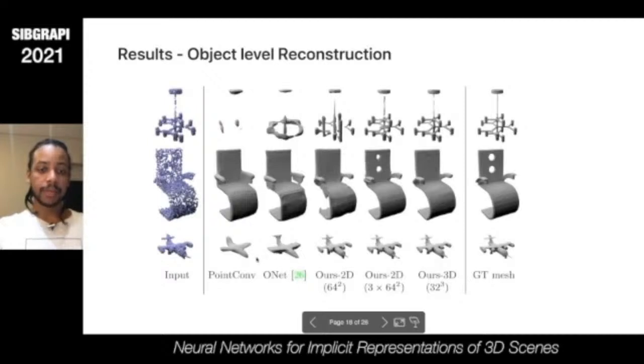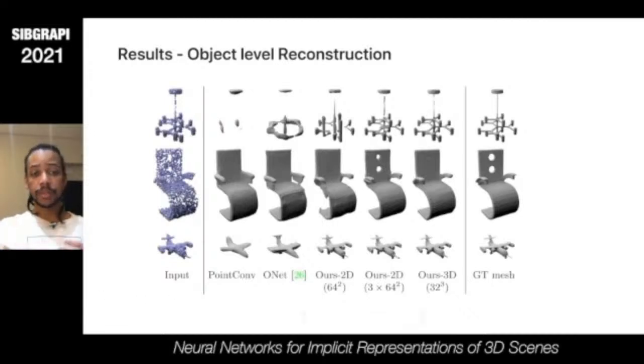And here we have the original occupancy network, and this point conv is actually the result of applying the PointNet++ to generate features from this point cloud, and then using these features without convolution to make a prediction of the occupancy.